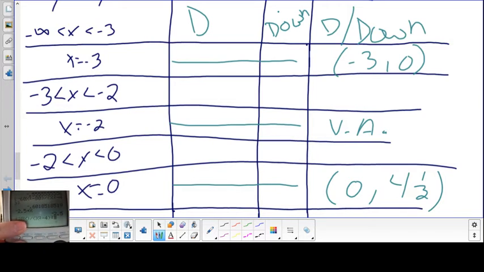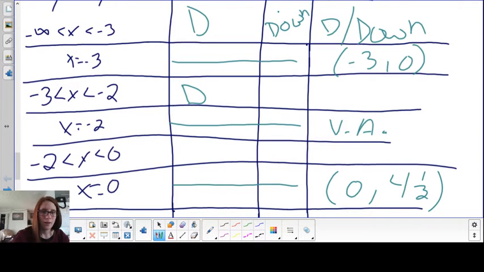So in this case, I want to plug that -2.5 into my first derivative. Since that's what I want, I'm going to hit enter, and it gives me a negative. So I'm going to be decreasing here. Then I want to go back and do my second derivative.